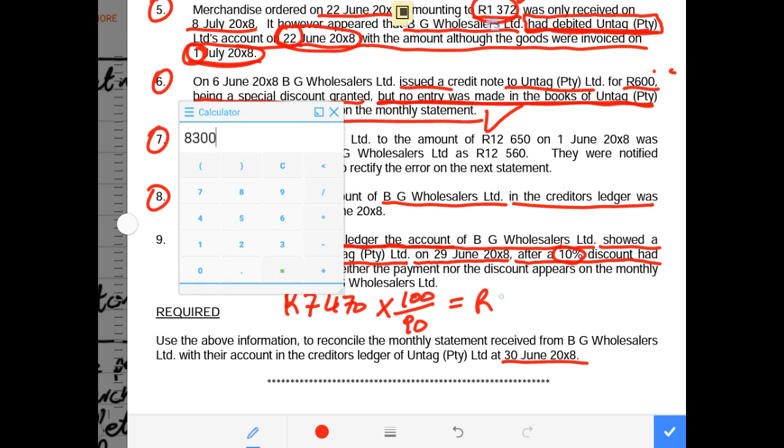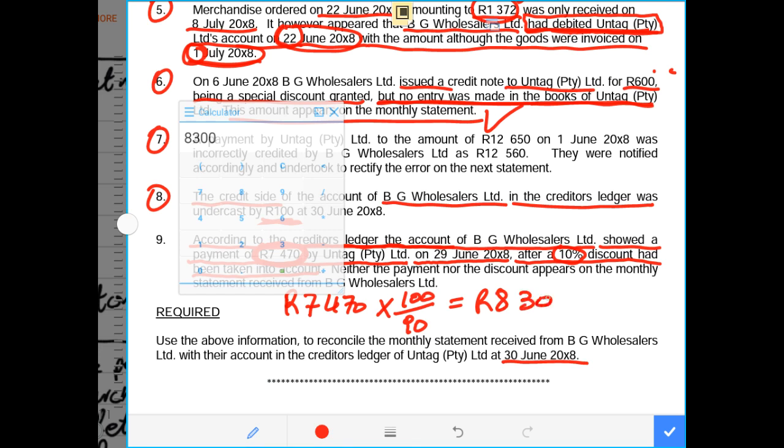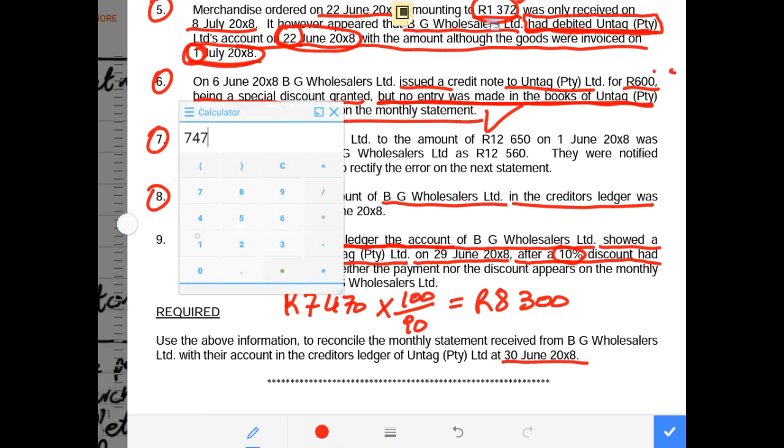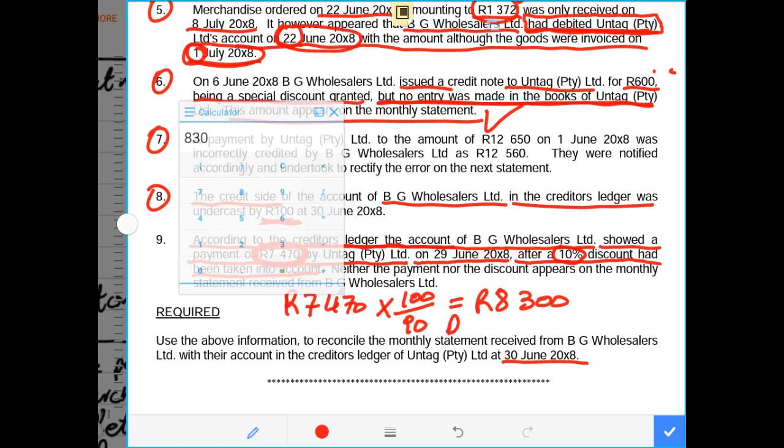Then after this will give us 8,300. This is the amount before the discount was taken into account. Therefore, or else you can do 7,470 times 100 divided by 90, which is the same thing, 8,300. This is the amount before the discount was taken into account. So now we have to say times this by 10%. We realize that our discount will be 830 rand.